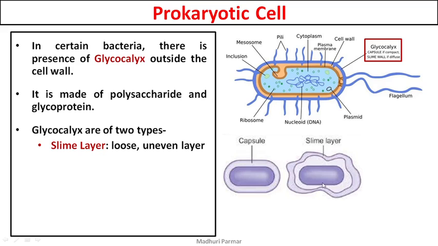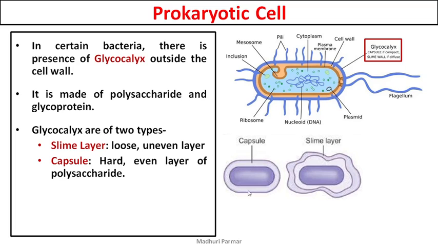So glycocalyx can either be loose, as you see here, it is very loose, and it is uneven. So uneven, loose layer is called a slime layer. This is one type of glycocalyx. Another type is a capsule. Okay, capsule. Have you ever seen those medicines which look like a capsule?